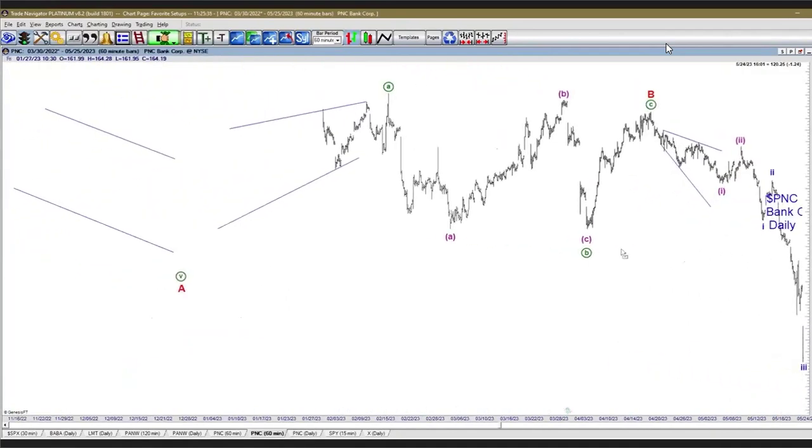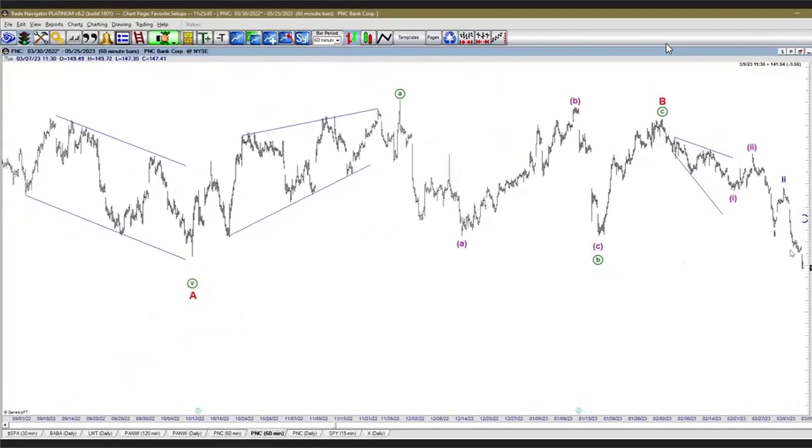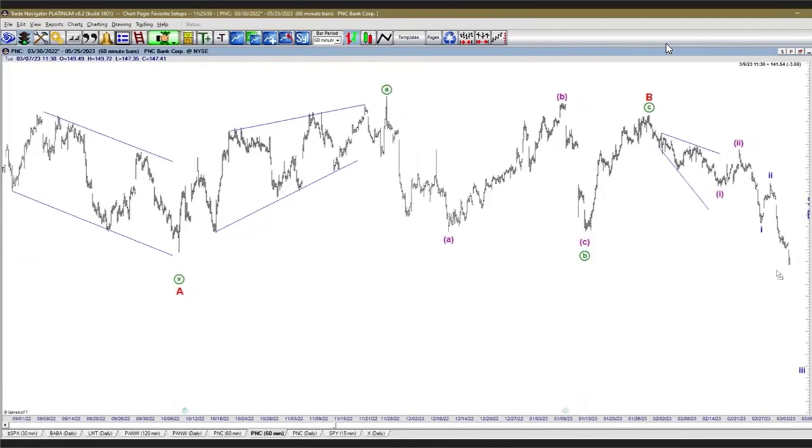All right, so basically this was where the setup is shown. So we have an A, B, C up, with a truncated C wave, I should say. C did not go above A here. So that indicated weakness. And then you got a 1-2-1-2, and it looked like it had a long way down to go.